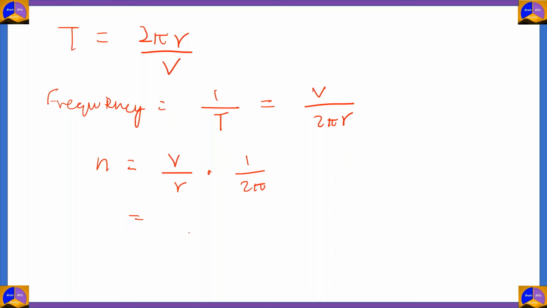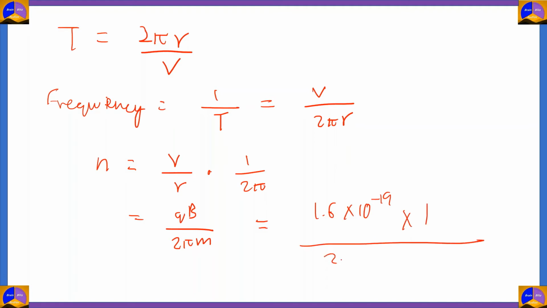Let's put in the value of v by r as qB by m. So it'll be qB divided by 2 pi m. We know the charge of the electron, we know the mass of the electron, we know the magnetic field. Now let's apply them. So q is 1.6 into 10 raised to minus 19 coulombs times 1 Tesla divided by 2 pi times 9.1 into 10 raised to minus 31.